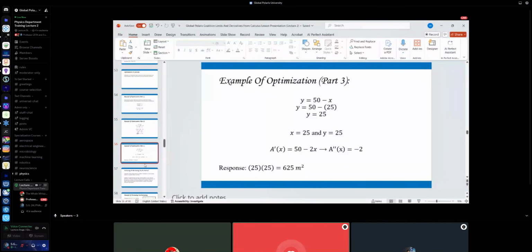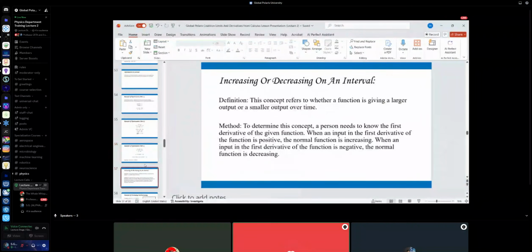So 25 times 25 gives us 625 meters squared, and that is the maximum area that we're looking at. Now, as I said, we are going to talk about increasing or decreasing. Basically, is a given function going positively upwards or negatively downwards?